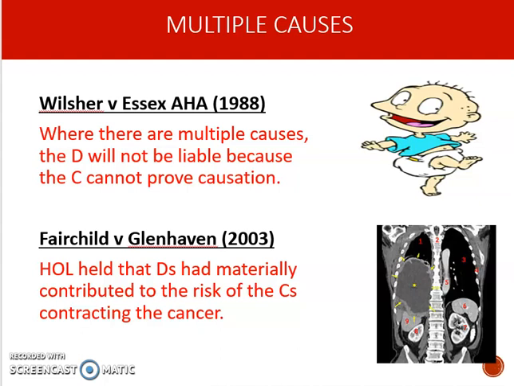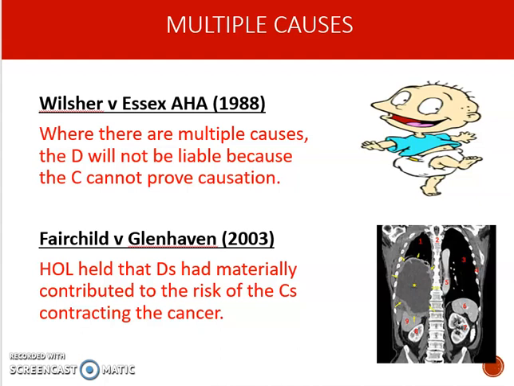If we look at the case of Wiltshire and Essex, this was about a premature baby that was born and given too much oxygen by a junior doctor. The junior doctor admitted that he'd given too much oxygen, and the baby went blind. Now, one possible cause of the blindness was too much oxygen, but there were actually 5 other possible causes for the blindness because this baby was premature.